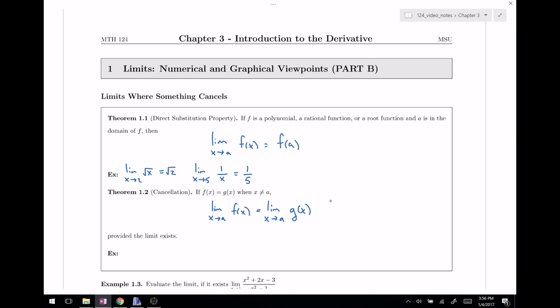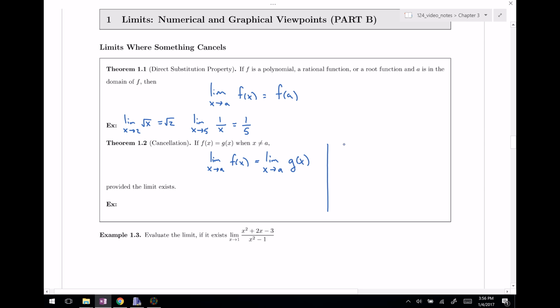Basically all you need to think about is that it says cancellation. This means that you can cancel things and it doesn't change the limit.